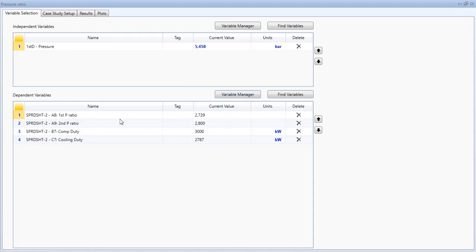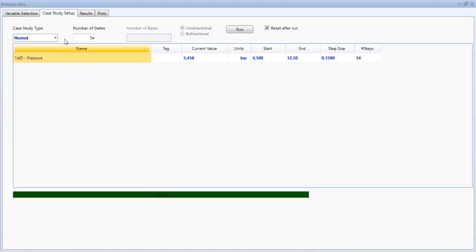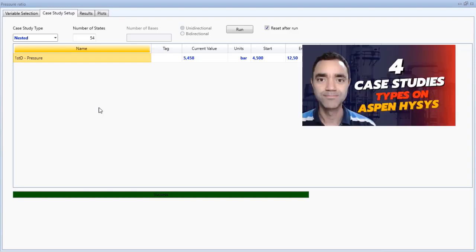So defining these setups, I can go to case study and I can choose the type of case study that I want. In this case, I will use the nested. If you want to know more about the types of case studies available on Eisenhower, you can take a look at the video that will be highlighted in some place on this video or in the description of this video.